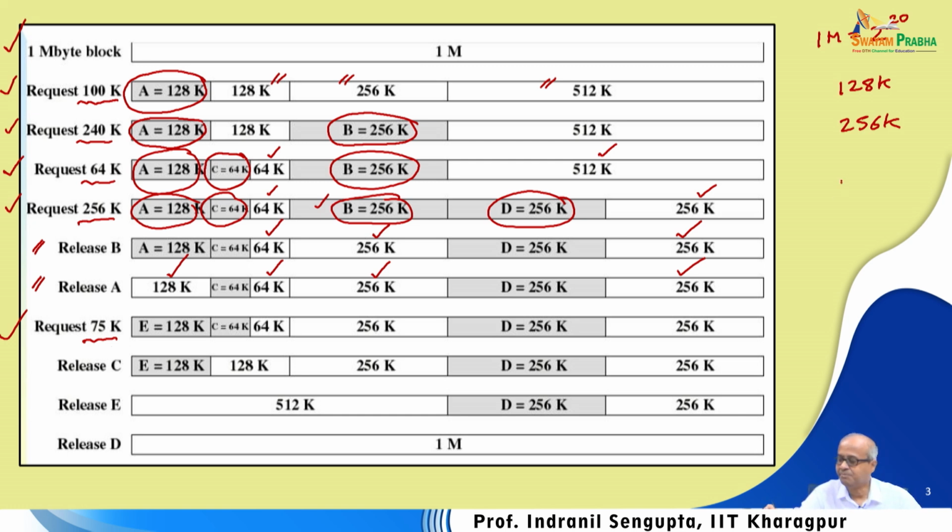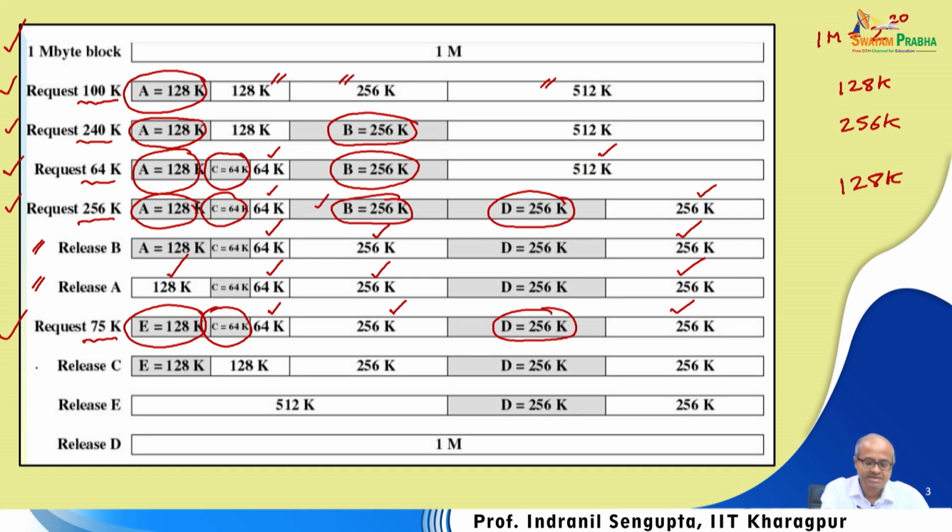So, the next higher power is 128K. So, it will be allocated 128K. So, already the first 128K is an available block. So, you allocate this, call it E. So, now the free blocks are 64K, 256K and 256K. Others are allocated, E is allocated, C is allocated and D is allocated here.